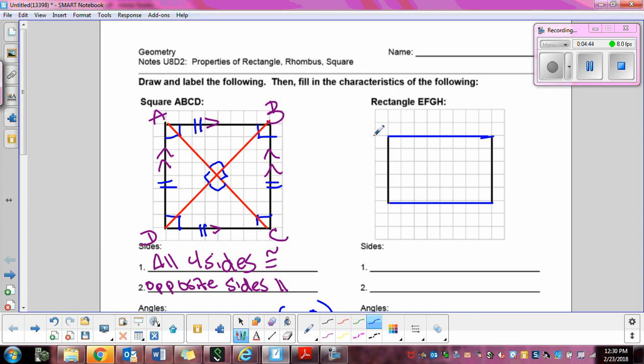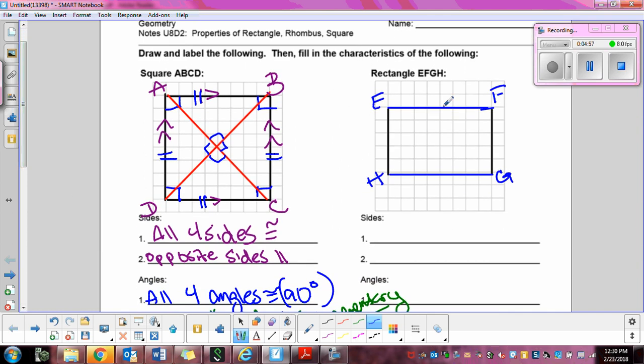Let's look at the rectangle. So for a rectangle, I'm going to name mine E, F, G, and H. And for a rectangle, we know that all sides are not equal. However, the opposite sides are equal. We also know that the opposite sides are parallel.